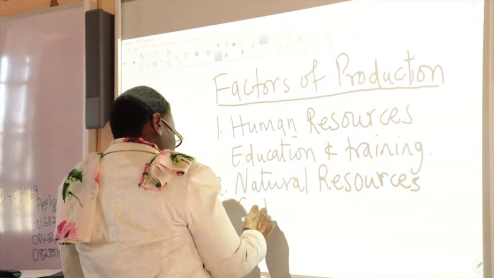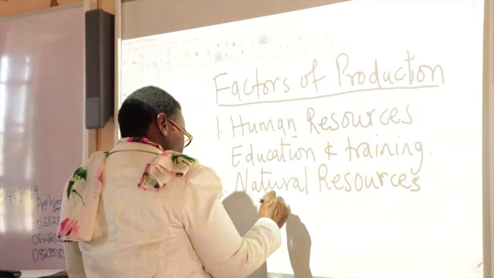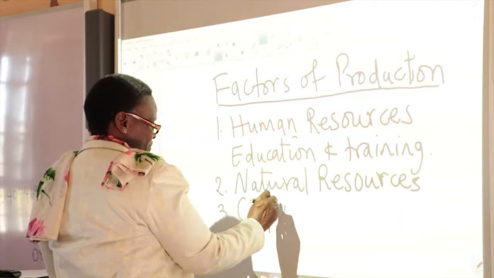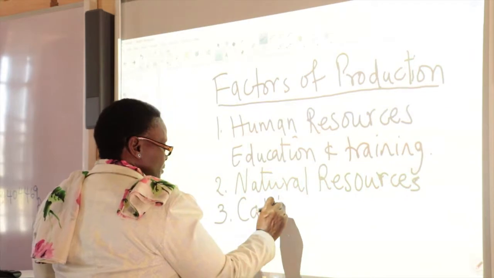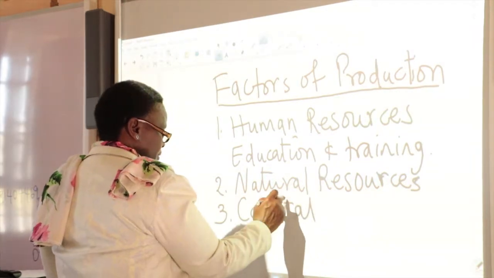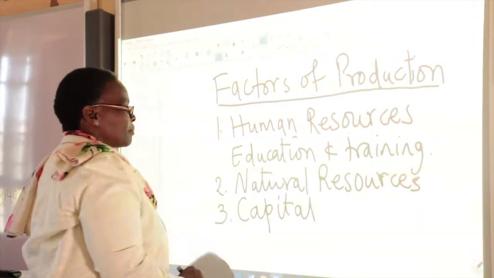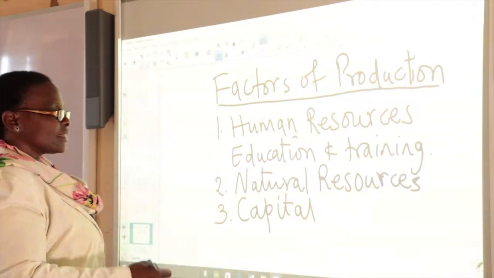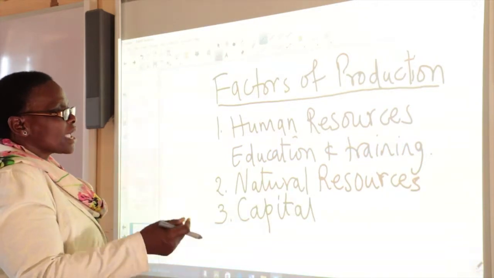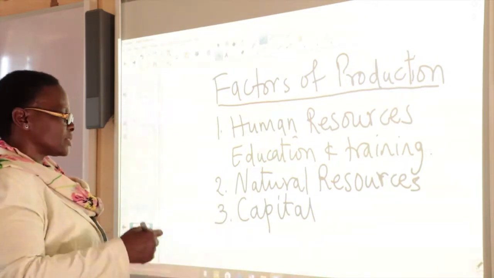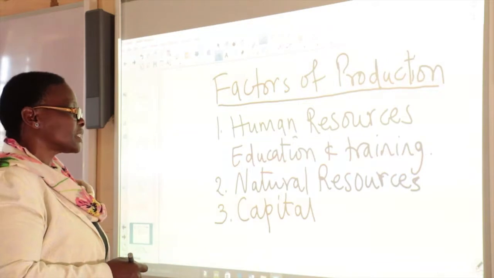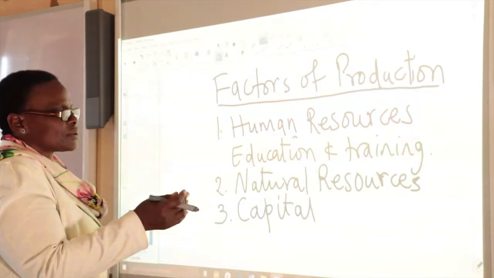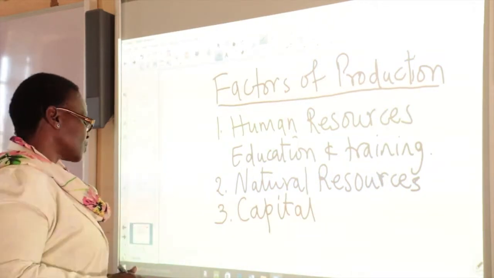Then we have capital. The same, for capital, the quantity and the quality. So let's try and be technologically advanced. Capital formation is important. Let's get rid of the primitive or ineffective methods of production.